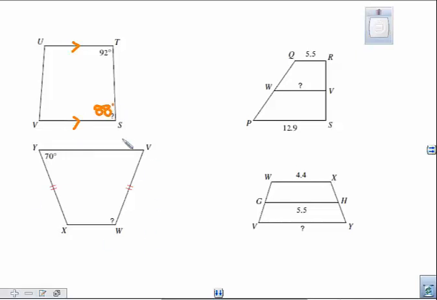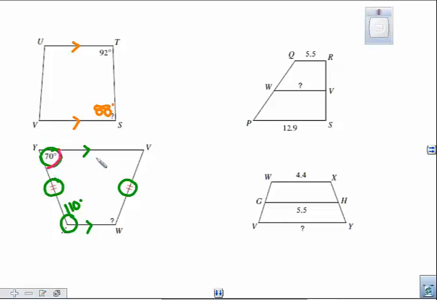Okay, in this example, we are told that these are congruent, so this is an isosceles trapezoid. Okay, so if these two must add to 180, this would be 110 degrees. Okay, now, in an isosceles trapezoid, just like an isosceles triangle, if two sides are congruent, two angles are congruent.